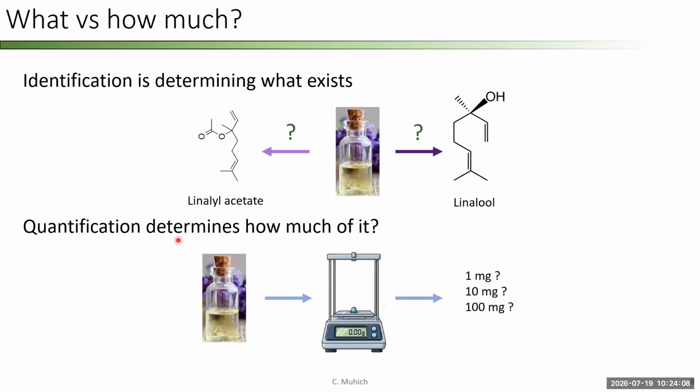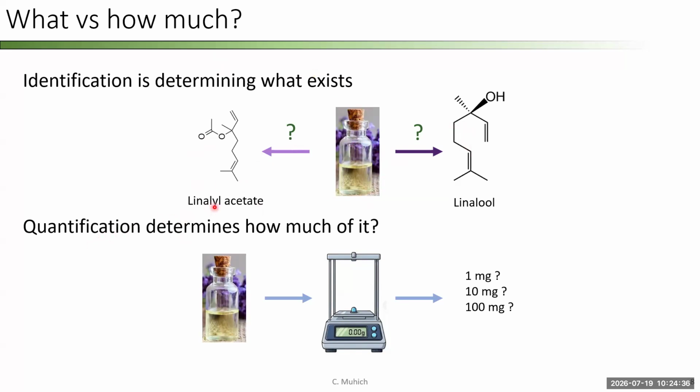First, I want to touch on what is the difference between identification and quantification. So identification is determining what exists. For example, in our lavender extraction example, is this oil composed mostly of linalool or linalyl acetate, right? So is it this one or both?